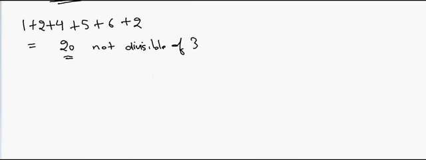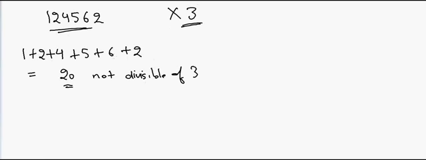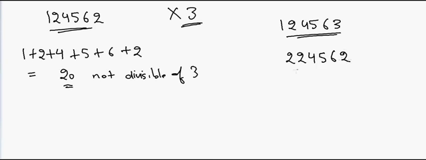So what should the number be if it has to be divisible by 3? If instead of 2 we make it 3, so 1, 2, 4, 5, 6 and we write 3 in the end, then the sum becomes 21, so that number should be divisible by 3. Or we can change any other digit. We can say 2, 2, 4, 5, 6, 2, which should also be divisible by 3.